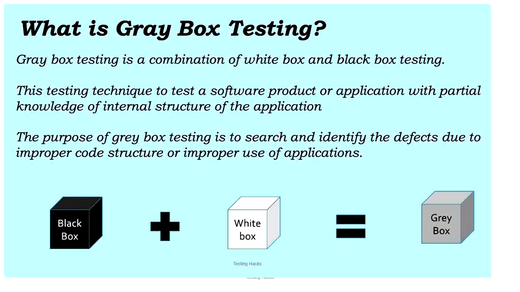In the sense, black box testing is with no coding knowledge, white box testing is with coding knowledge, and this results in gray box testing, which is nothing but having partial knowledge of coding.